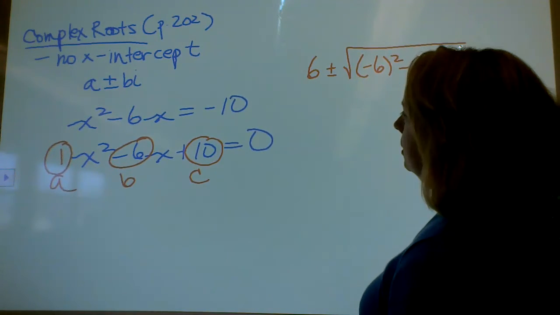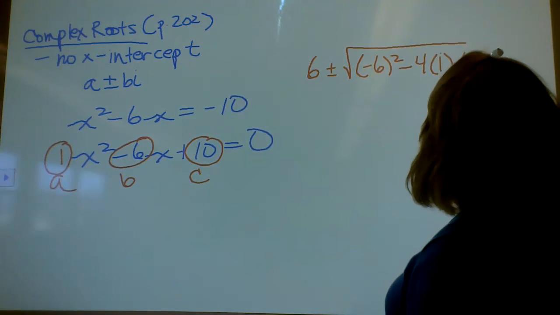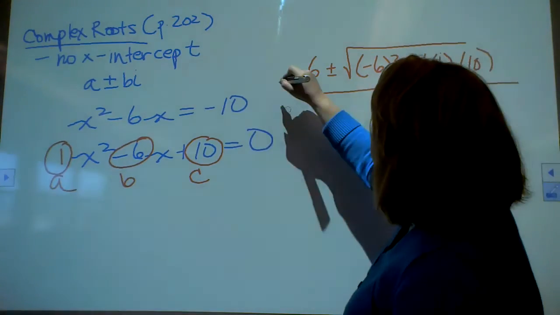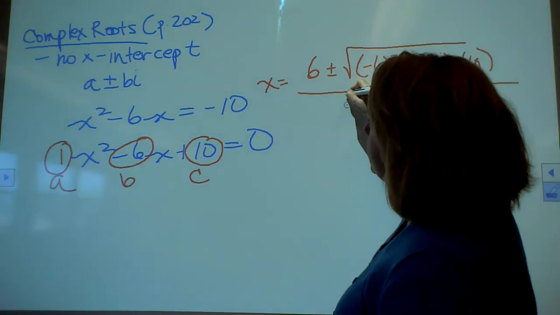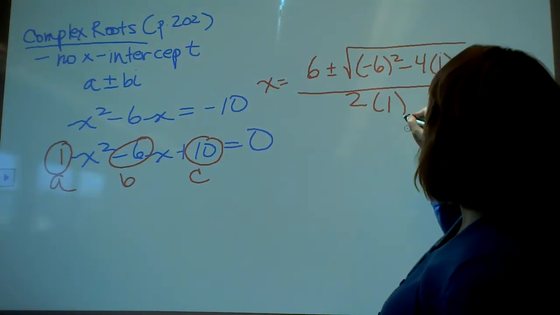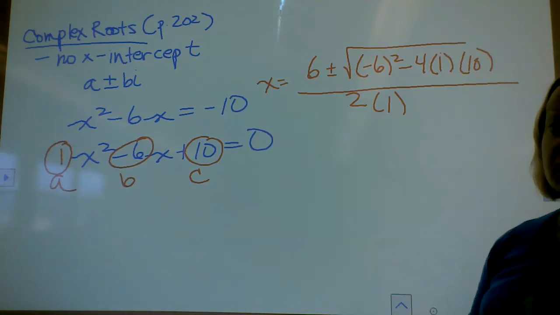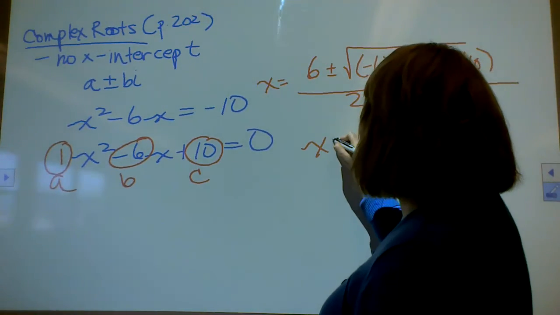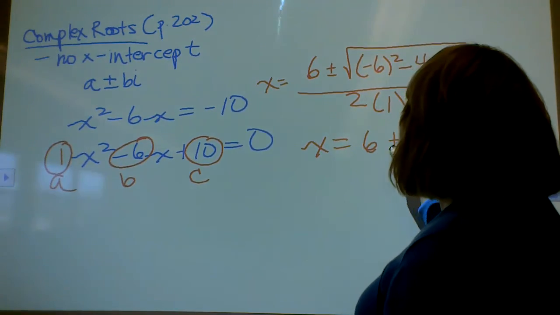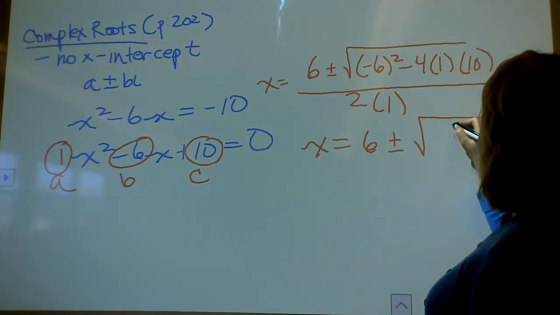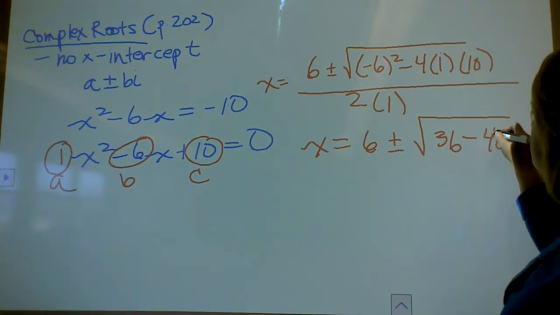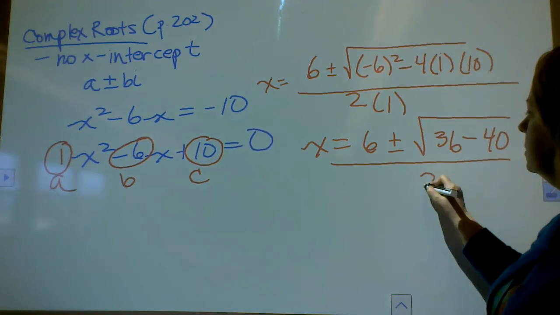Minus 4ac, long fraction bar, 2 times 1. Then we're just going to work out the problem, do the math here. So x equals 6 plus or minus the square root of 36 minus 40, all over the 2.